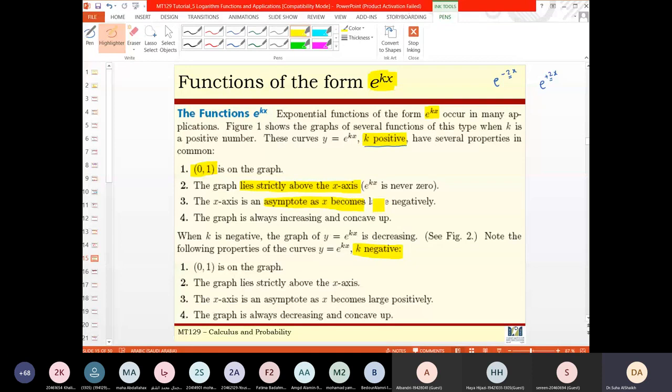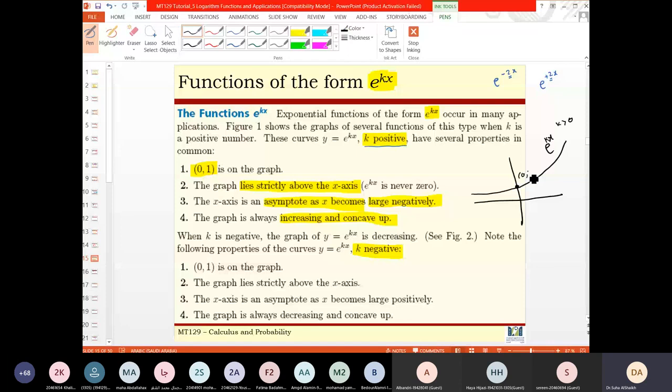As x becomes negative, the graph is always increasing and concave up. So let's try to sketch it. This is the point 0, 1. This is exponential kx if k is positive.